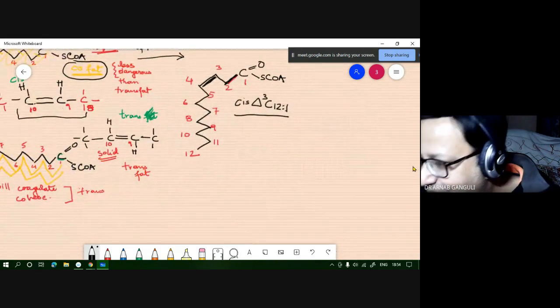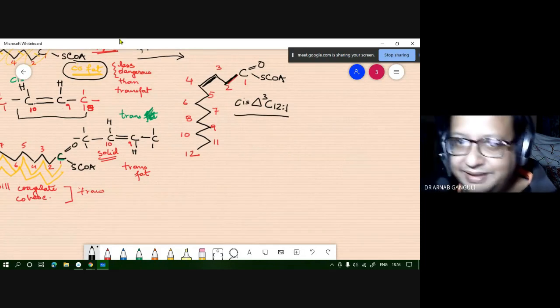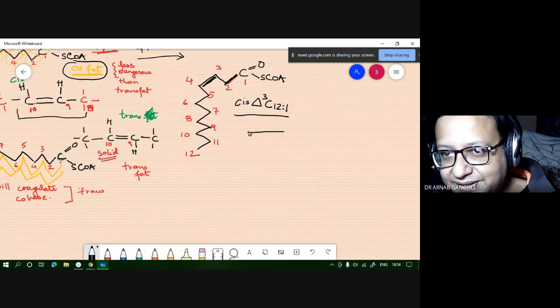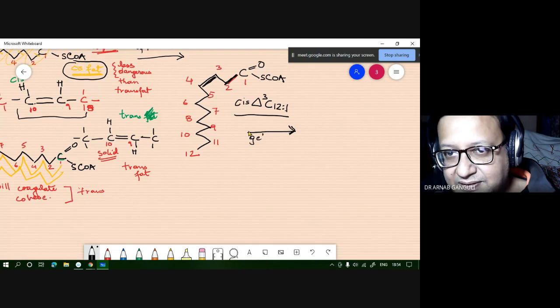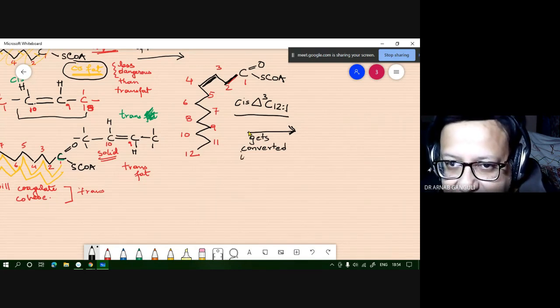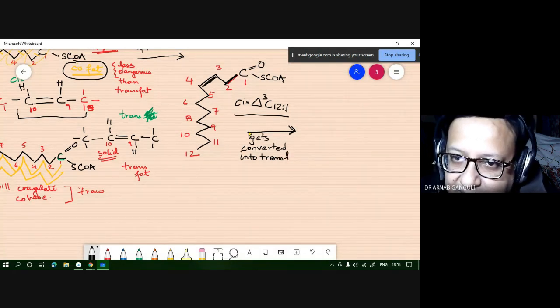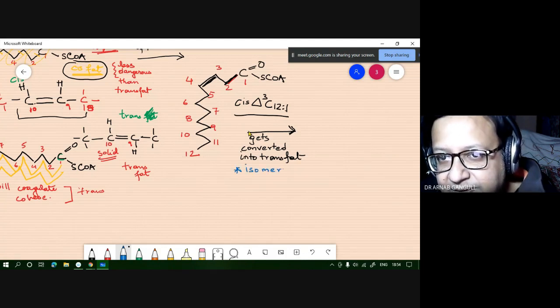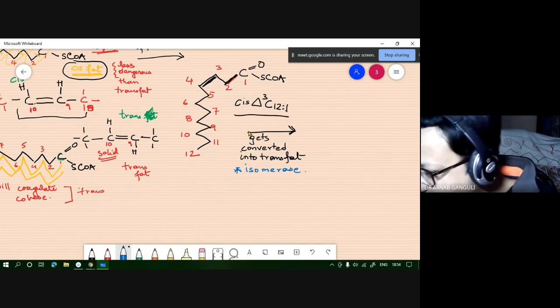So now this gets converted into trans fat, and there is an enzyme which is an isomerase.